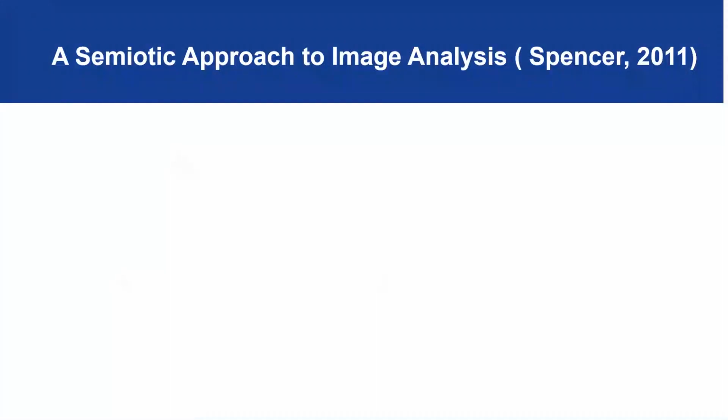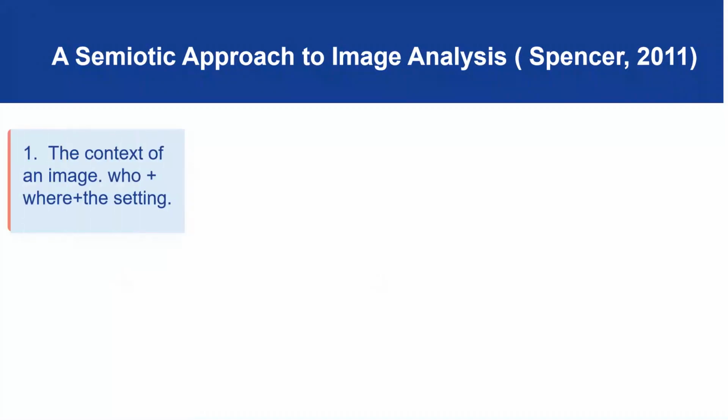The process of semiotic analysis consists of 5 interrelated procedures. First, you might begin by paying attention to the context of an image. Consider where the image came from, who took the photograph, where the photographer was positioned, and the setting.